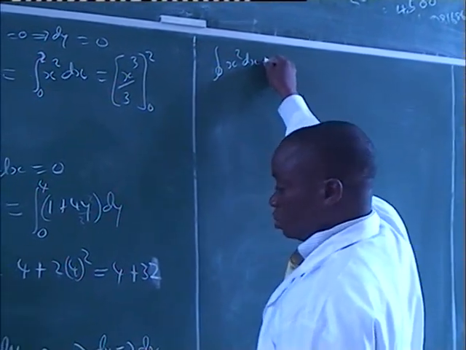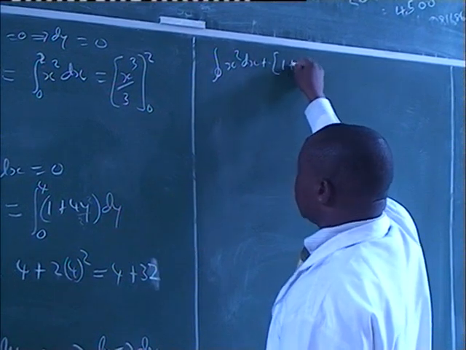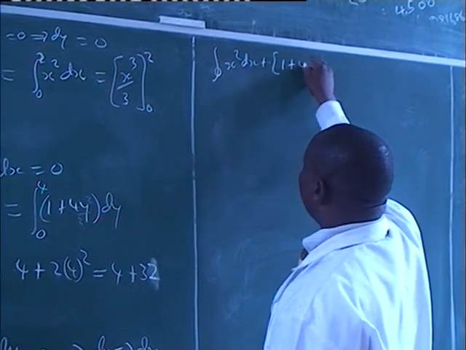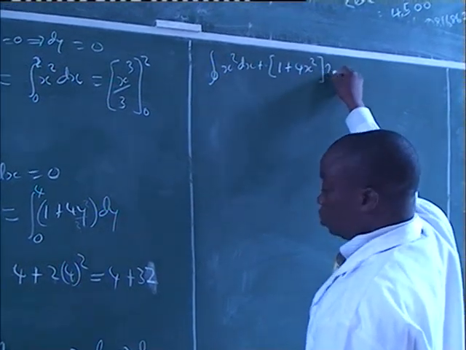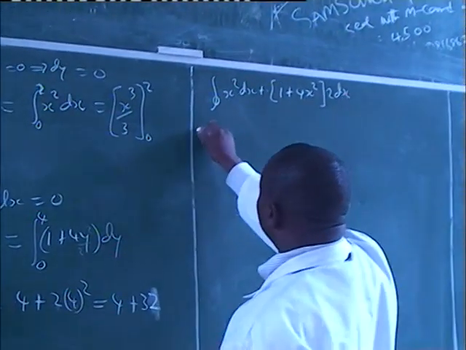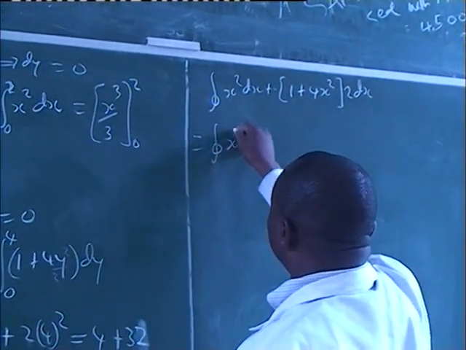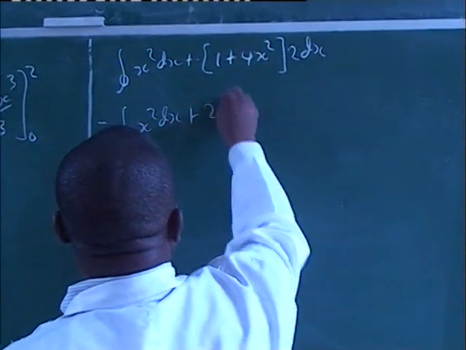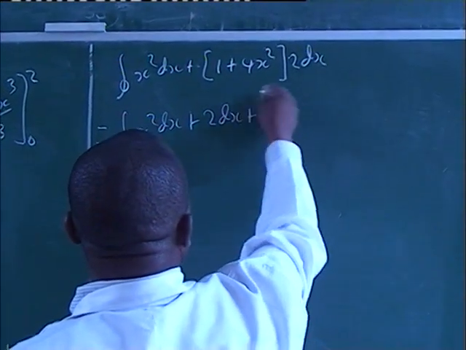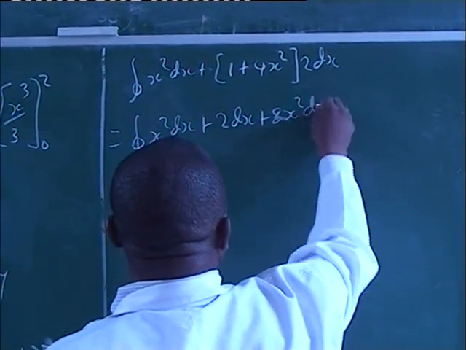So if we do that, it becomes the integral over the closed curve of x squared dx plus 1 plus 4x squared times 2 dx, which is the same as x squared dx plus 2 dx plus 8x squared dx.